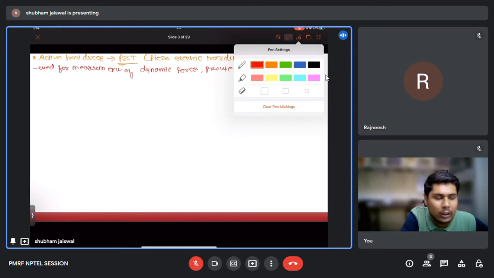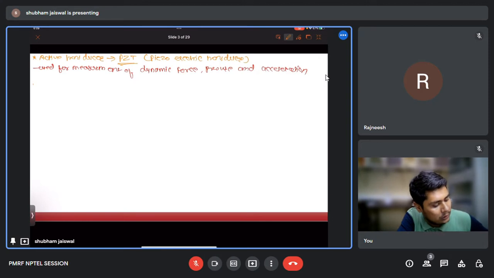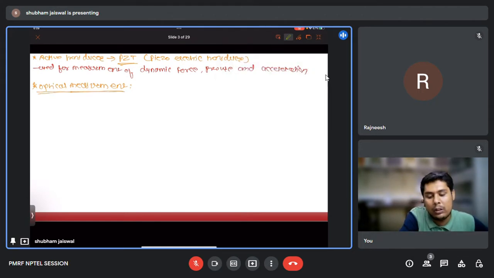After this strain measurement, we went to the new measurement technology that we use in the tool room and in industry more widely, that is optical measurement. In optical measurement, we have seen what is light.